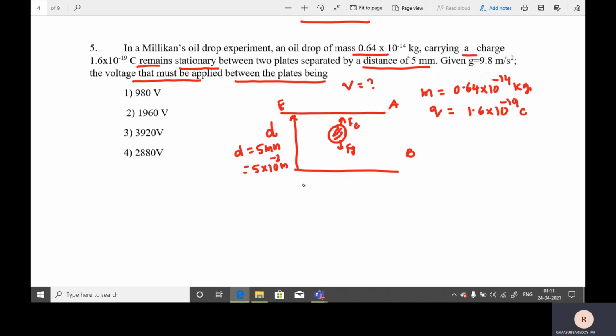That formula we know. And another formula, what is another formula? If electric field, potential and distance, we have the relation E is equal to V by d. Now here it is mg is equal to qE, now we'll substitute this one because we need to find our potential V. Then potential V is equal to mgd by q.